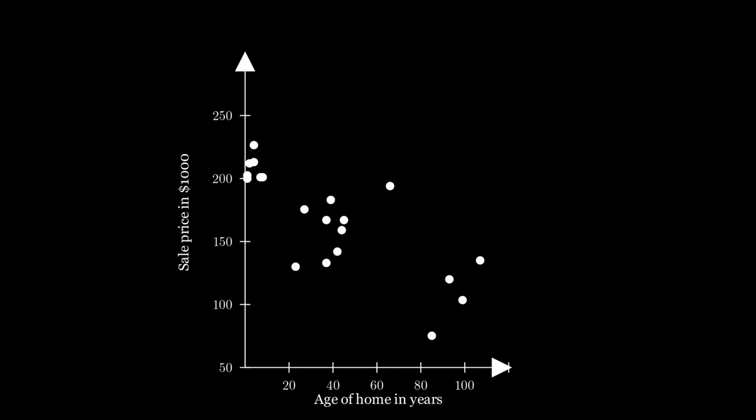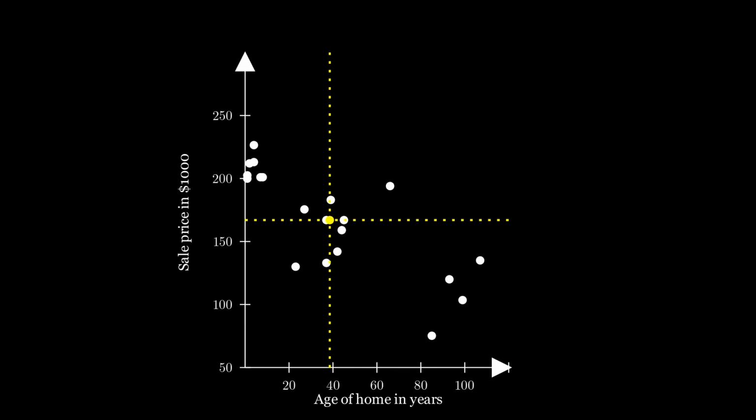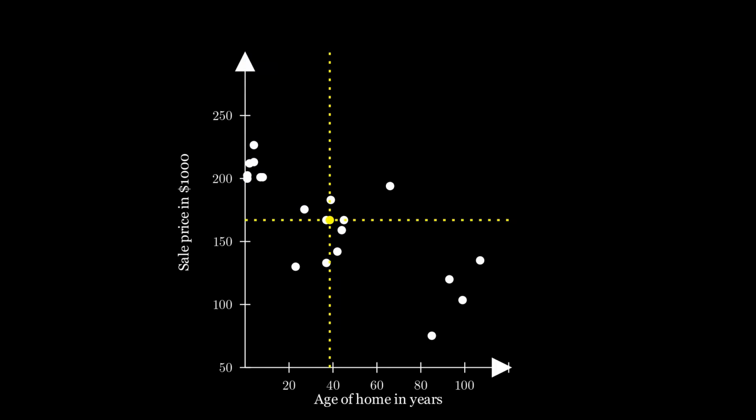If you think of having a linear line fit to the data, the slope of the straight line would be negative, right? The covariance between age of homes and their sale price is also going to be negative. So older than average homes typically have lower than average sale prices, and newer than average homes tend to have higher than average sale prices.